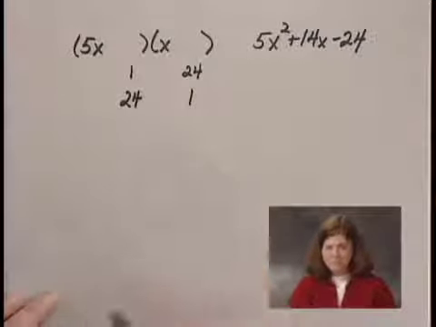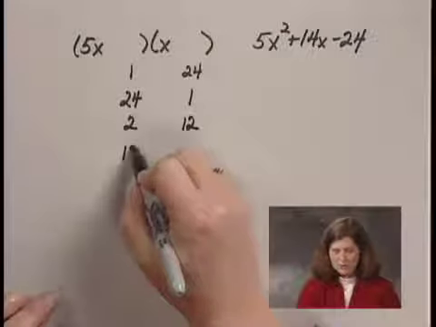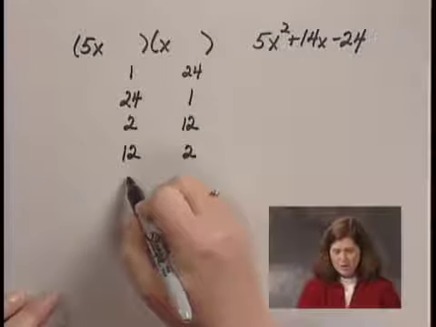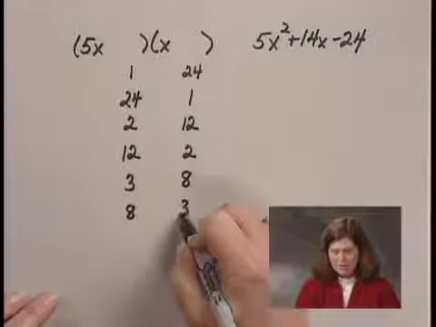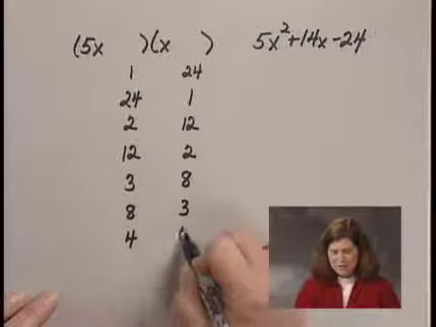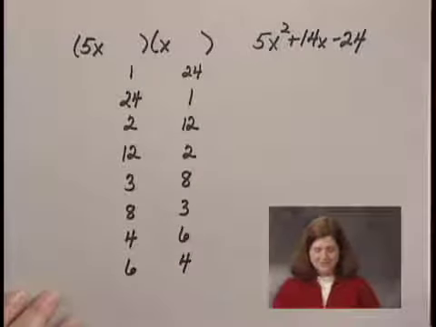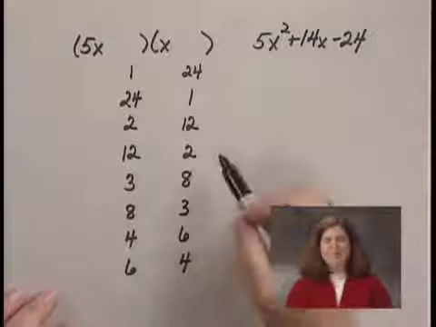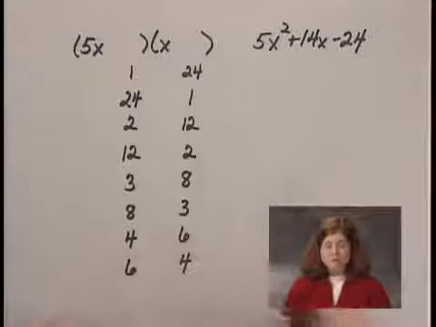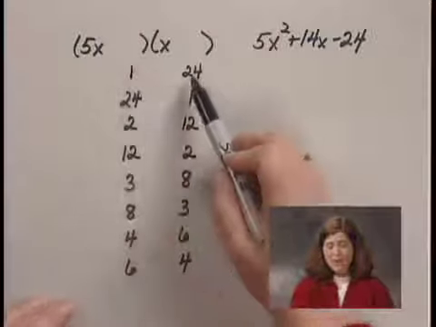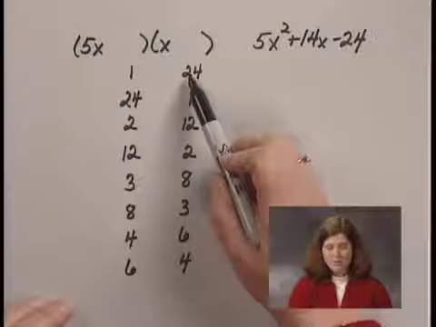I'll come back with a negative sign in a minute. 2 and 12, 12 and 2, 3 and 8, 8 and 3, 4 and 6, 6 and 4. Lots of possibilities. Now, one of these has to be negative, and actually, I technically have twice as many possibilities because I could have 1 and negative 24 or negative 1 and positive 24.